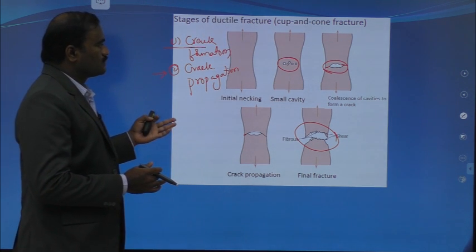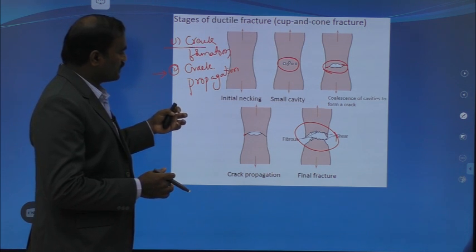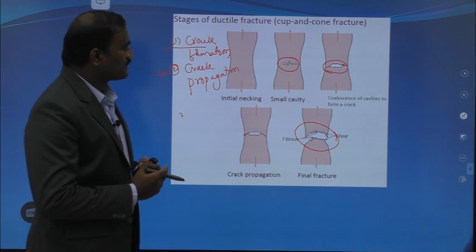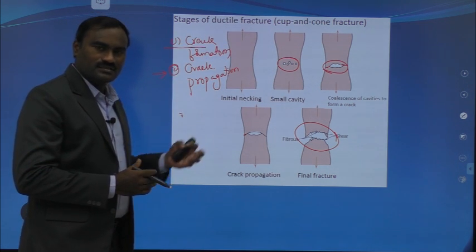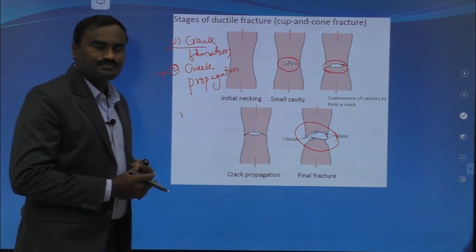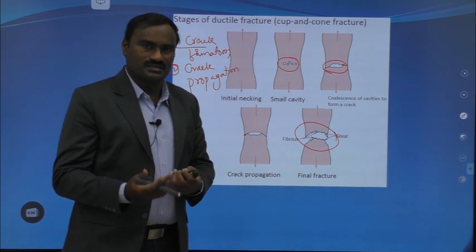This is how a fracture occurs in a ductile material, through stages of ductile fracture, whereas we don't have this kind of process in a brittle fracture. So it occurs very suddenly.